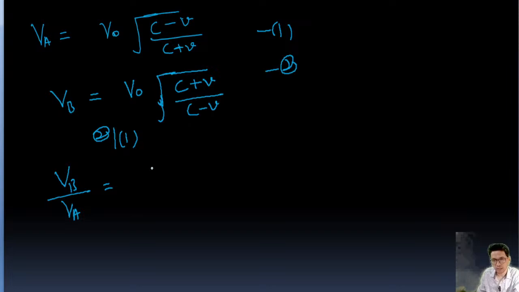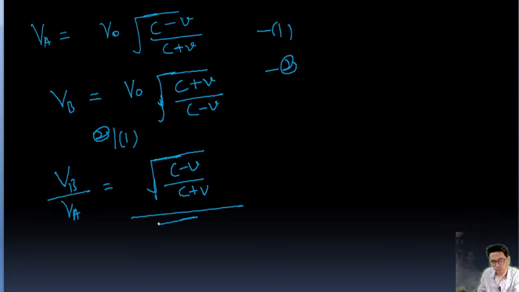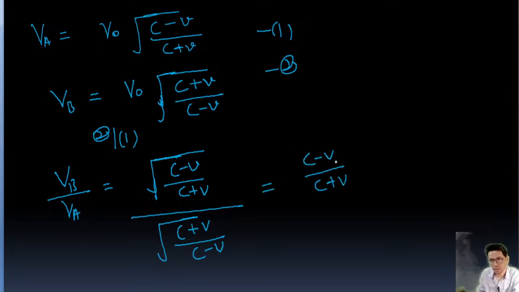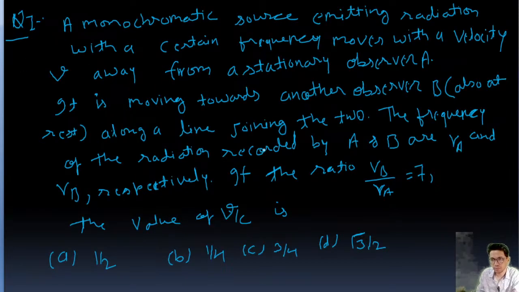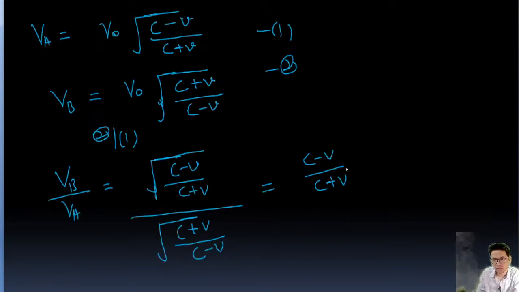This is going to be root of C plus V upon C minus V upon root of C minus V upon C plus V, and this will go up. So it is C plus V upon C minus V. We have been given the ratio nu B upon nu A as 7. So 7 equals this.